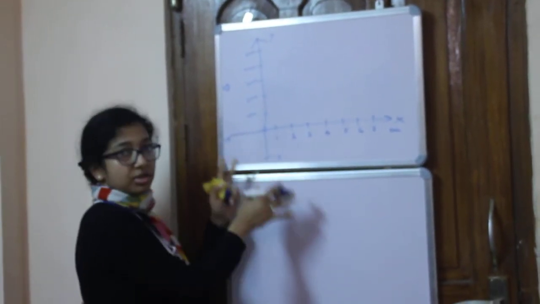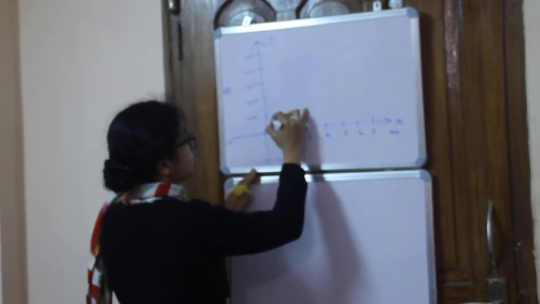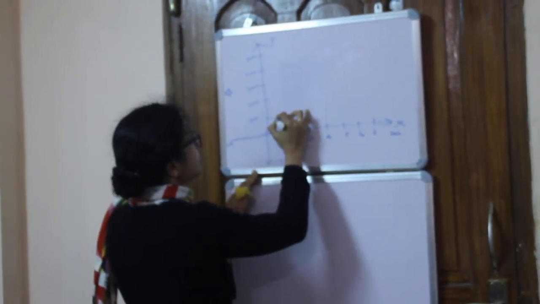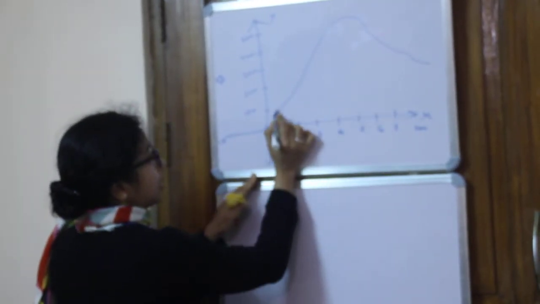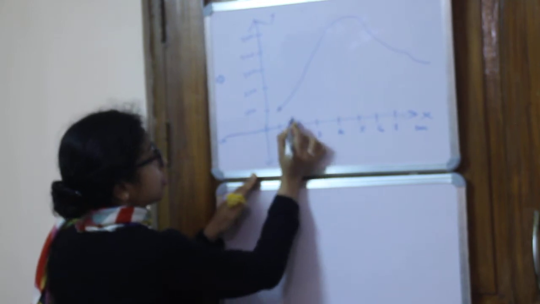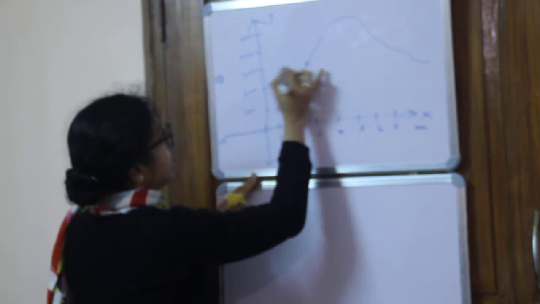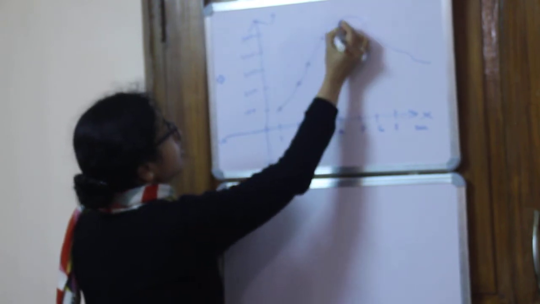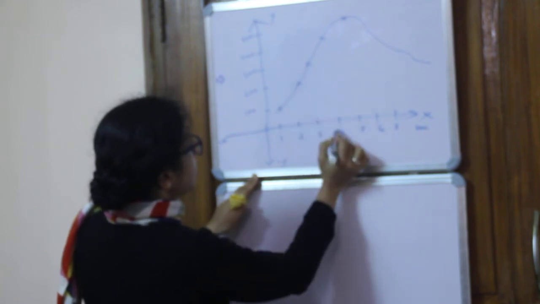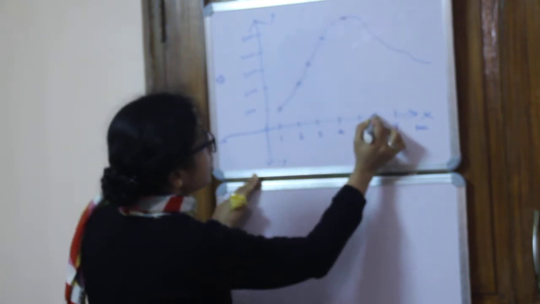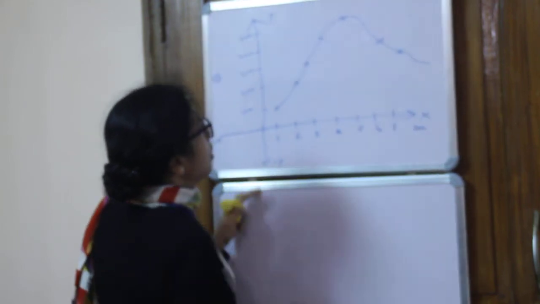Otherwise, you cannot make this kind of linear plot. Suppose the frequency is increasing. Let me explain again. So 500, and then 1, 2, 3, 4, 5, 6, and 7.